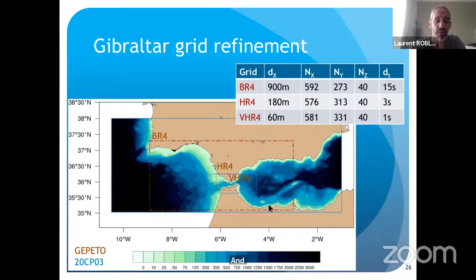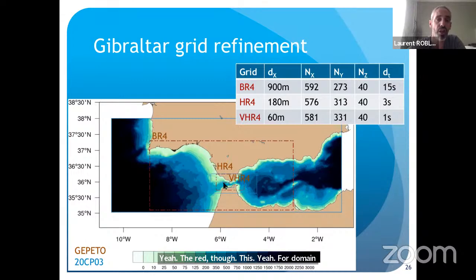The parent grid is a low resolution grid here in red. This BR4 domain covers a wide area from Portugal to the exclave of Melilla in the Alboran Sea.